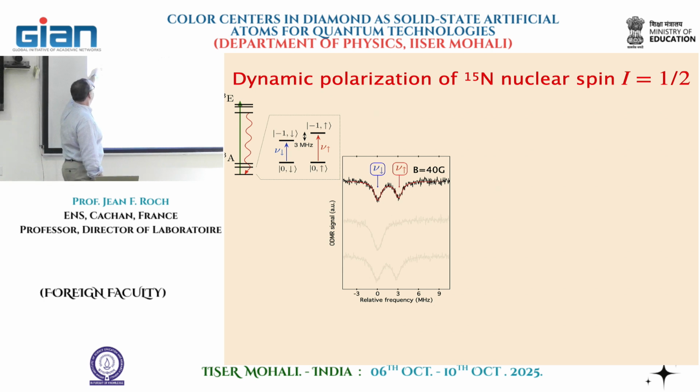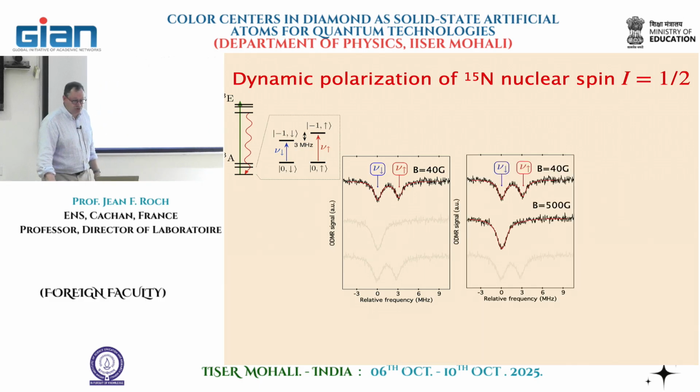We have here these two transitions, separated by this detuning of 3 megahertz, taking into account the different situations. So we have now the two components here, and when I scan, it is just the hyperfine splitting between an NV and a nitrogen 15 of nuclear spin 1/2.